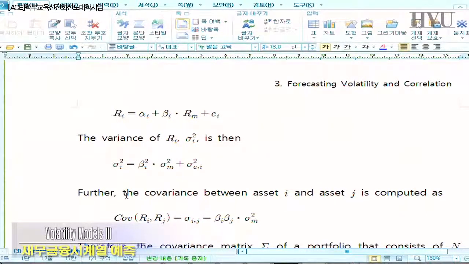Index model means this is the index, in this case the market index, right? You can have more than one index. Let's say a two-index model. Well, you can divide Kospi into large stock or small stock, right? Or large stock, small stock, value stock, growth stock. So 4 possibilities.